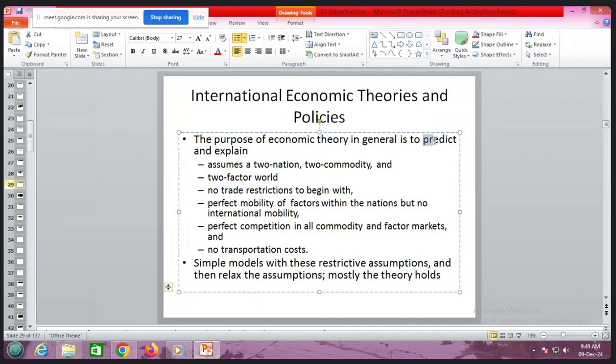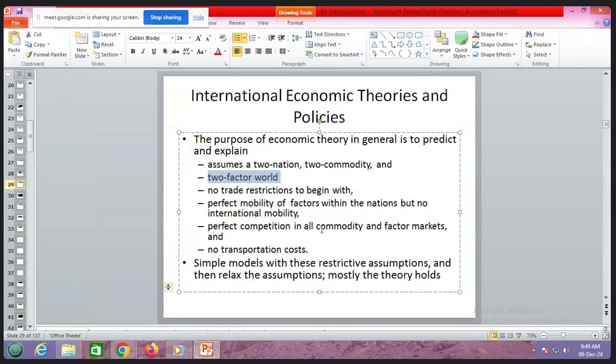Basically, to predict and explain what might happen if the trade between the two countries is taking place. Now remember that all economic theories are based on assumptions. So we start with a basic model of two nations, two commodities. Okay, and we first start with one factor and then we go to the two factor model.